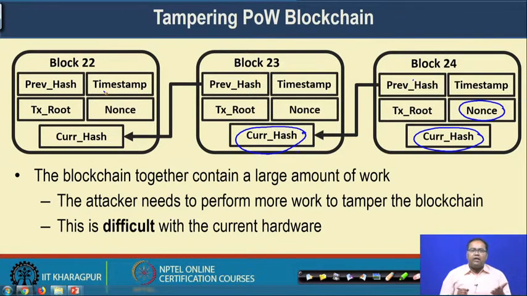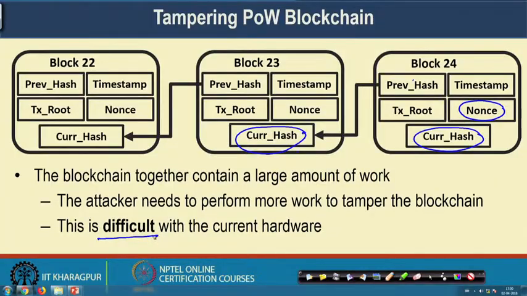Every block in the chain has been obtained by doing some work by individual miners, where the miners found the nonce value based on the difficulty level. So, the attacker has to do a collective work which is more than the total collective work of all the blocks in the current blockchain. That is difficult with the current hardware.